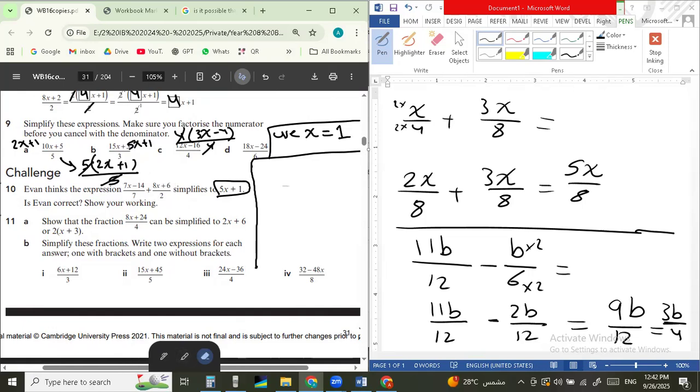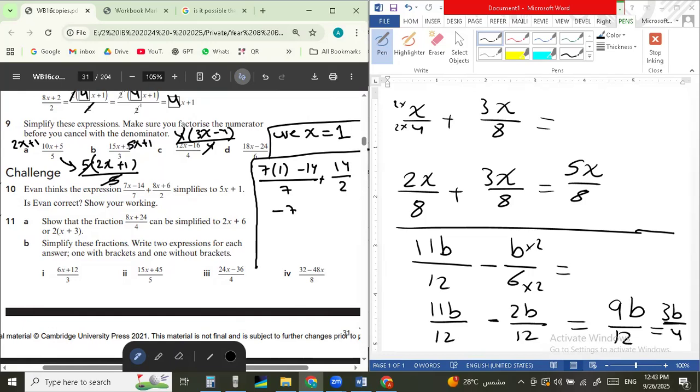7x means 7 multiplied by 1, minus 14 over 7, plus, if x is 1, 8 times 1 is 8, plus 6, 14, over 2. Let's simplify more. 7 times 1 is 7, minus 14, negative 7.